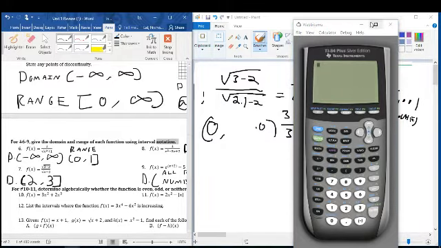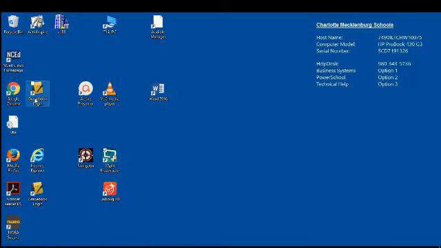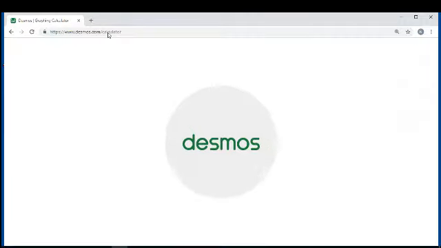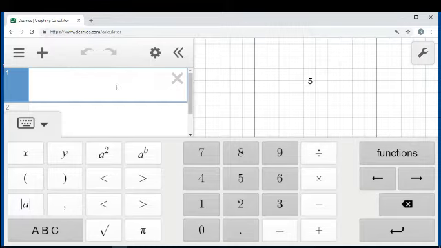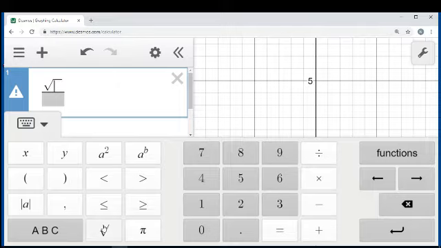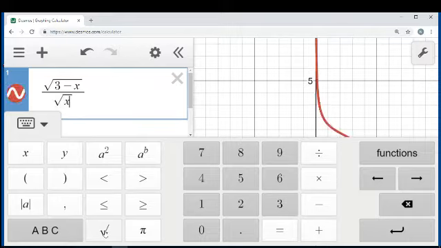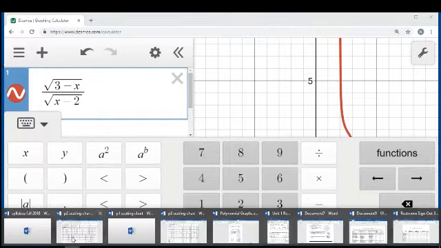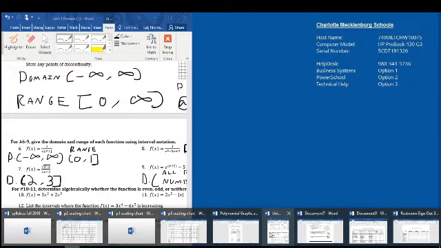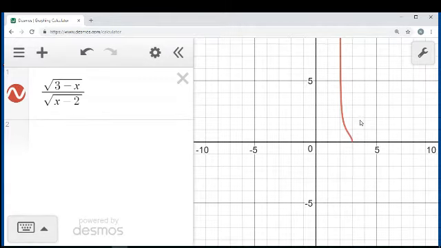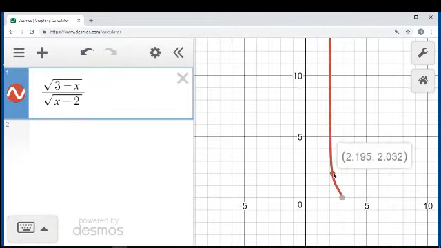It's not being super helpful. So we have the square root of 3 minus x over the square root of x minus 2. Okay, yes.